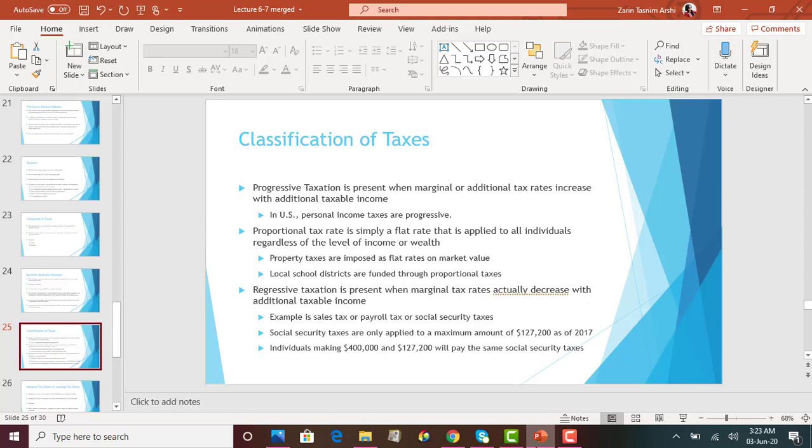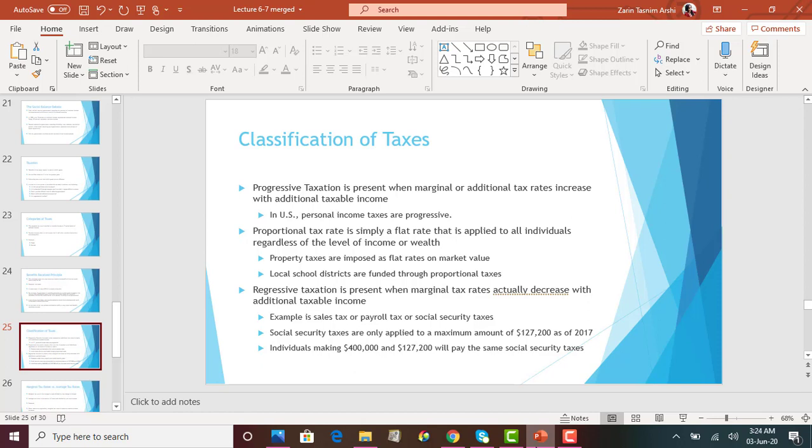Then we have regressive taxation. What that means is your marginal tax rate actually goes down as your income goes up. So as your income goes up, you're actually paying less in taxes. An example of that would be sales tax or payroll tax or social security tax. Social security taxes are only applied to a maximum amount of $127,200.